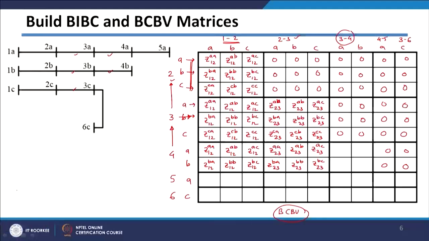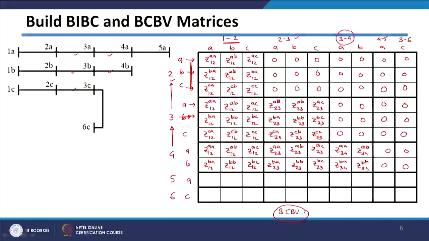So, it will be just a 2 by 2 matrix. So, Z AA, Z AB, Z BA and Z BB, and since it is of 3 and 4, we need to put 3 and 4 here.